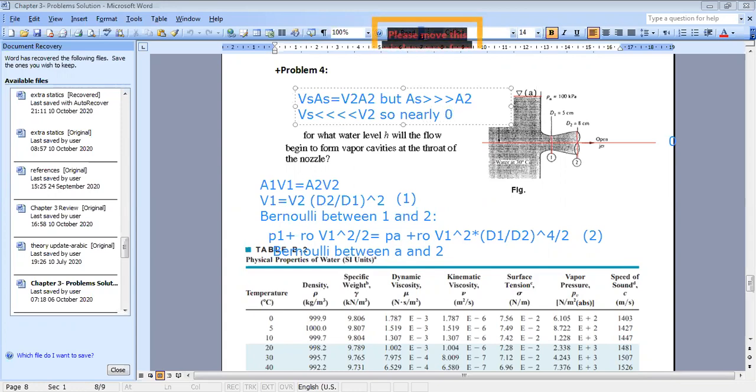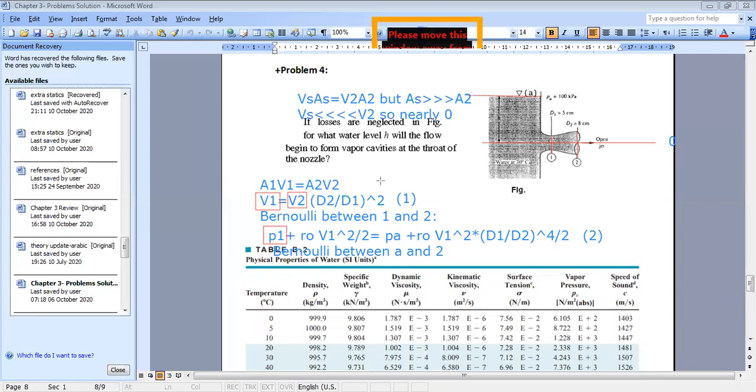Doctor, do we do Bernoulli between 1 and 2, or Bernoulli between A and 2? No, we should do both. Why should you do both? Because look, when you wrote these two equations, how many unknowns do you have? You have 3 unknowns, V1, V2, and P1. And if you have 3 unknowns, it's not enough to write two equations. You need 3 equations to solve for P1. This is why in this problem, it's not enough to write Bernoulli one time.